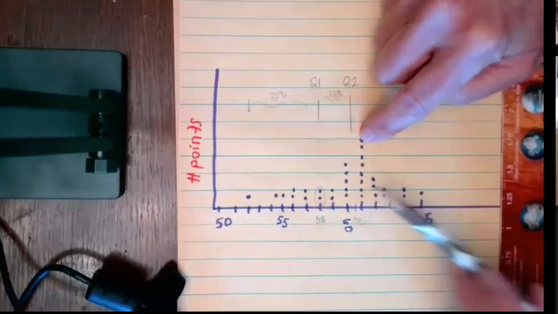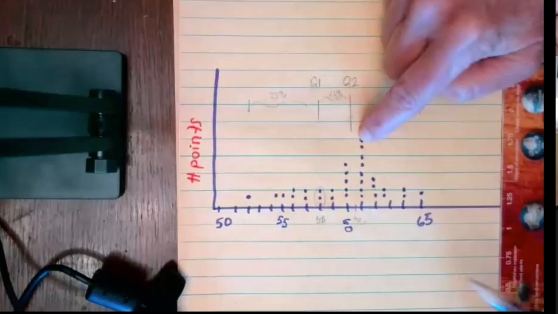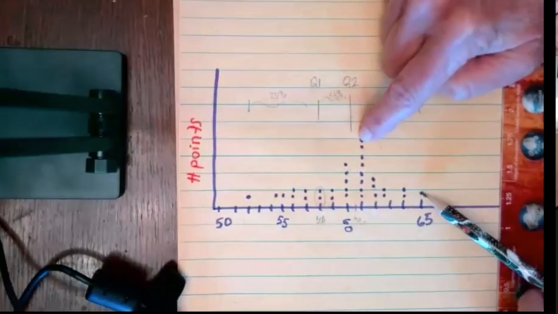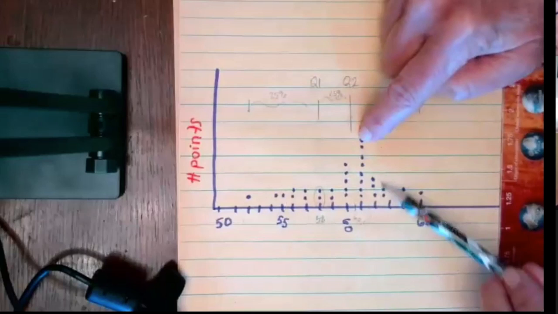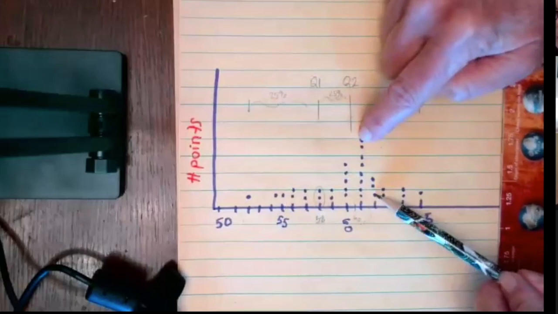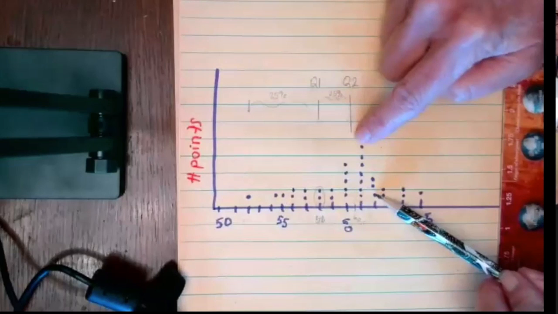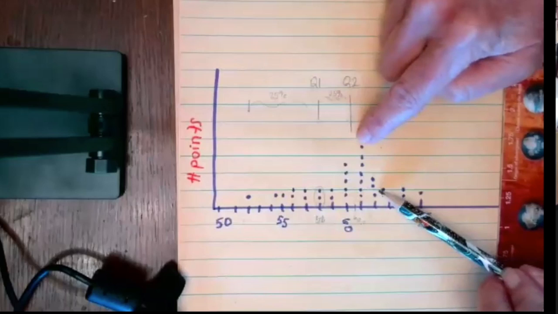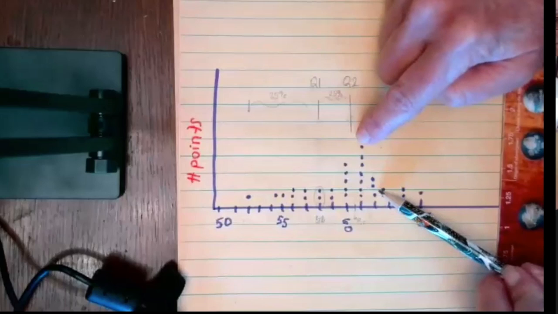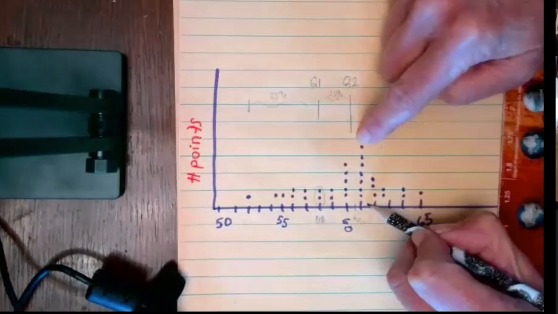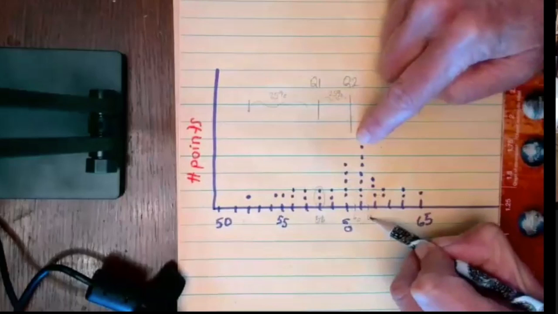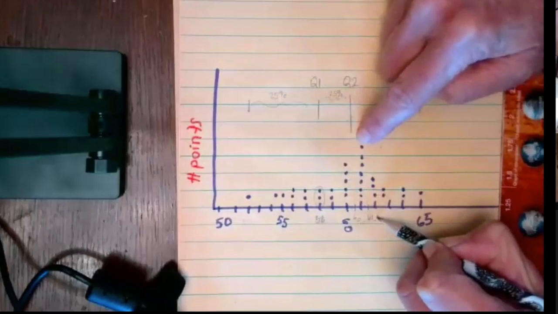So I get 61. And if I count 8 from the top down, 1, 2, 3, 4, 5, 6, 7, 8. So unlike the first quartile, this number is going to be between 61 and 62. And what number is between 61 and 62? 61.5, exactly.